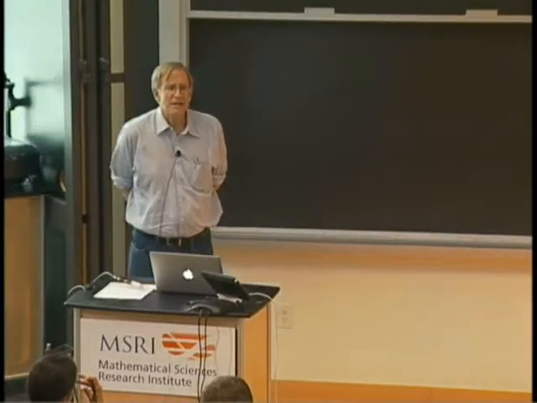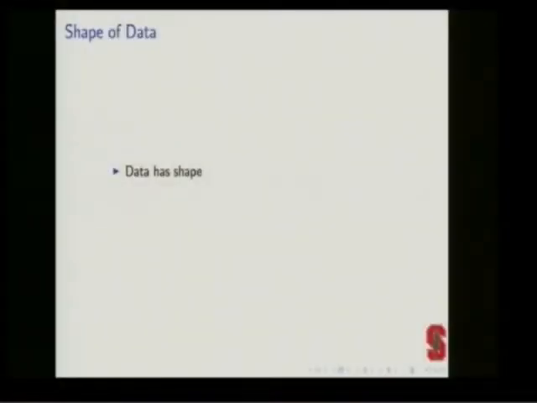So I want to make a couple of statements first, and then I'll sort of back them up or show you what I mean by them. First one is that data has shape. Shape for us is something that we think of, well, we topologists, of course, think of it in higher dimensions. Most people think of it in 2 or 3 dimensions. Typically, a shape is a geometric object, maybe given in terms of a distance function, in terms of a metric. It might be given in other ways as well.